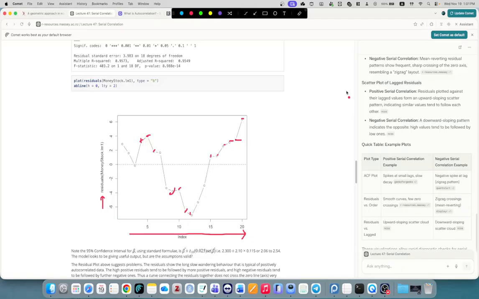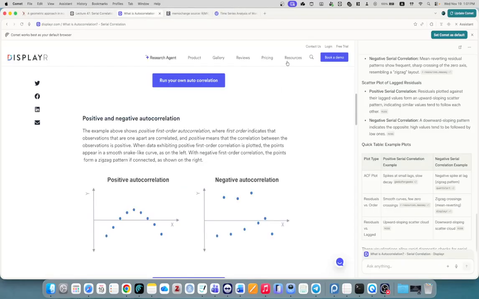And if the values show a negative serial correlation, what happens, instead of the one that we showed before, is that a very low residual will be followed by a very high residual, and then a very low residual, and then a very high residual.